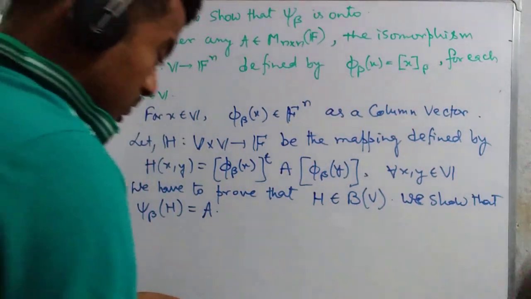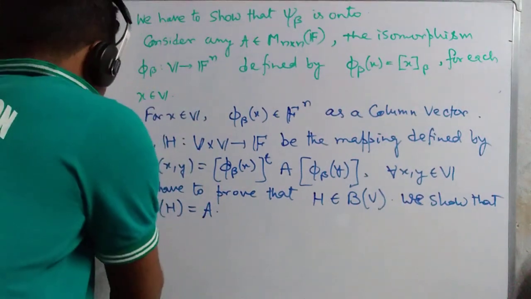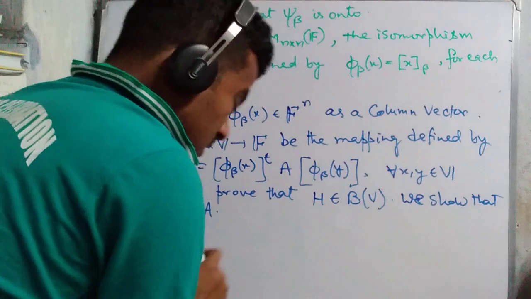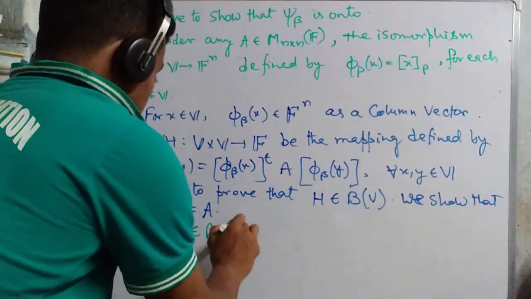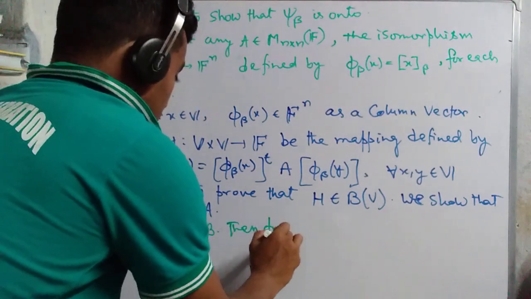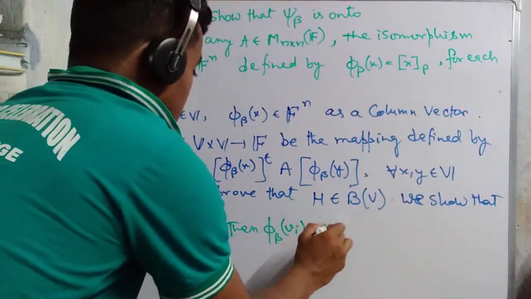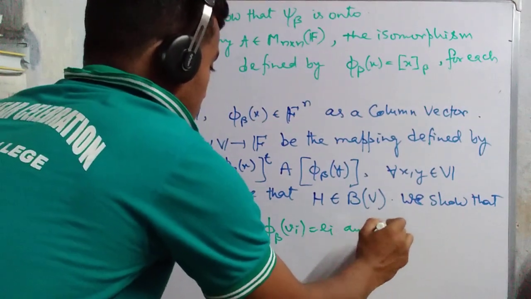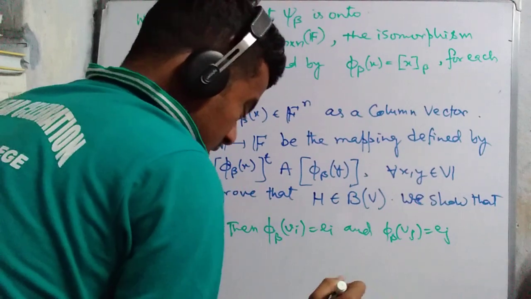Now what we do here, psi beta is equal to A. Let vi and vj belong to beta. Then phi beta of vi equals ei, and phi beta of vj equals ej.